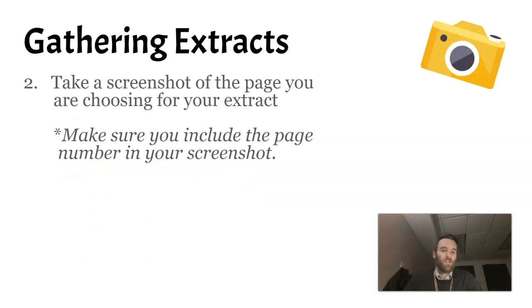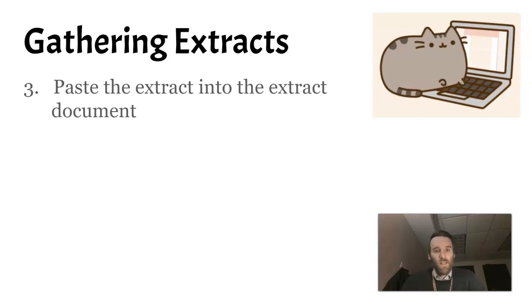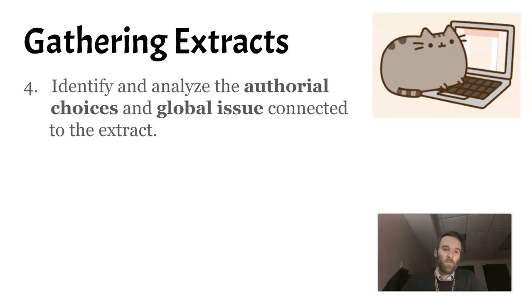Once you find an extract that you like, you're going to take a screenshot, and make sure on your mastery check that you put the page number as well. Once you've taken the screenshot, you paste that extract into your mastery check. You'll be looking at 2 things: authorial choices, choices the author makes, and a global issue, and connecting them to the extract that you chose.